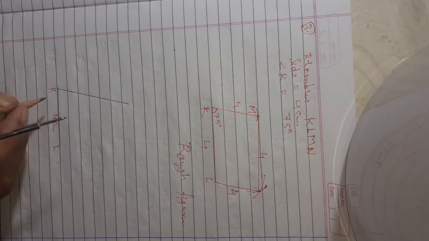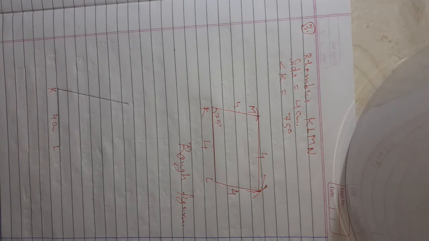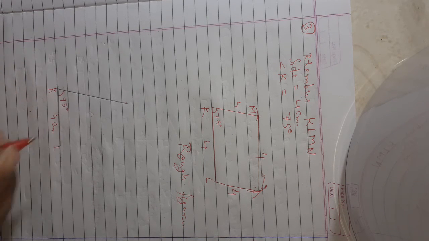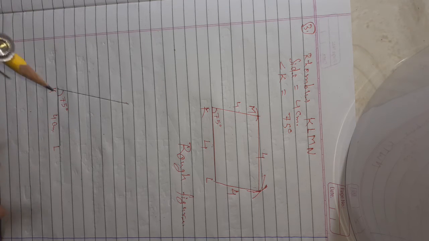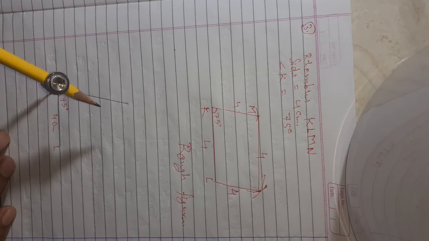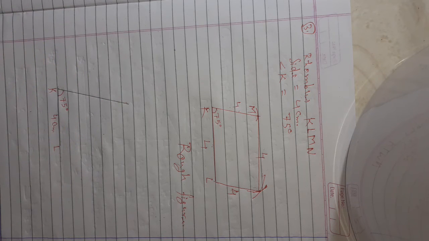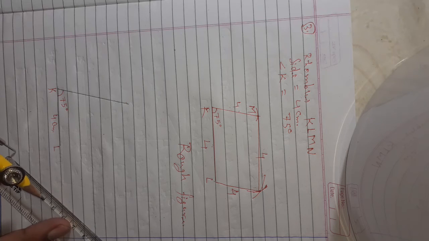This is 75 degree. Now you cut here 4 centimeter. Take an arc of 4 centimeter. Why? Because all the sides should be 4 centimeter.